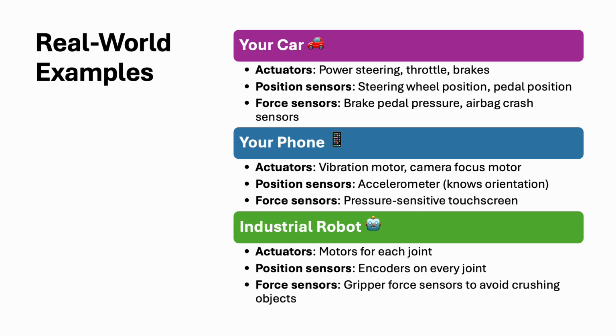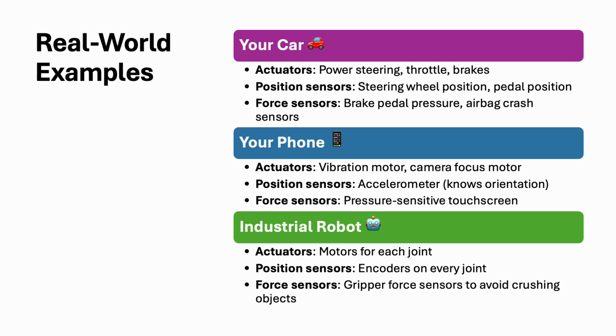The real world examples: your car, the actuators are power steering, throttle, brakes, position sensors are steering wheel position, pedal position. The force sensors are brake pedal pressure, airbag crash sensors. Your phone has actuators in terms of vibration motor, camera focus motor, whereas position sensors in your phone are accelerometer, nose orientation.